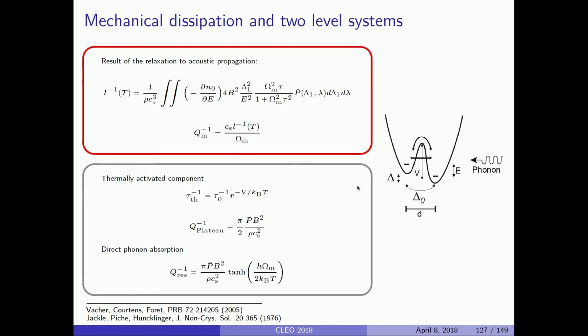When an acoustic wave comes, it starts to saturate these two-level systems. And so what has been observed is that acoustic propagation losses in amorphous materials are intensity dependent, for the reason that you start saturating these two-level systems.